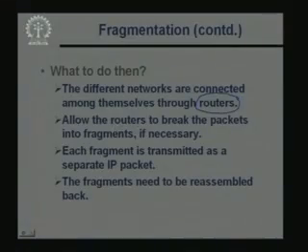So, it will be the responsibility of the router to fragment the packet into smaller pieces. The router will break the packets into fragments if it cannot transport it as it is. Now, each fragment will be treated as an independent IP packet. It will be transported as a separate IP packet. But however, as I had mentioned, these fragmented packets need to be reassembled sometime or somewhere in the network.